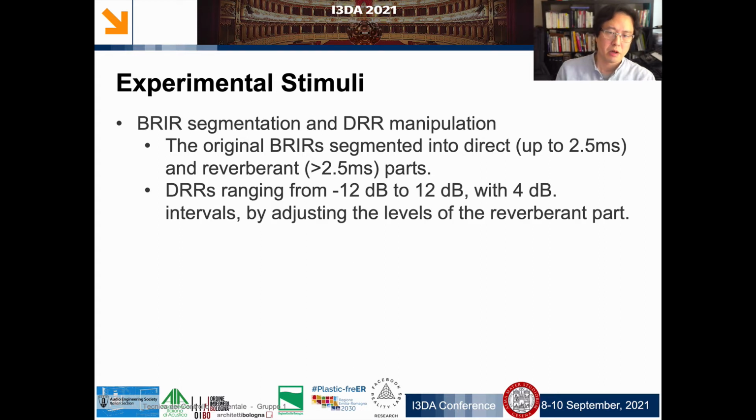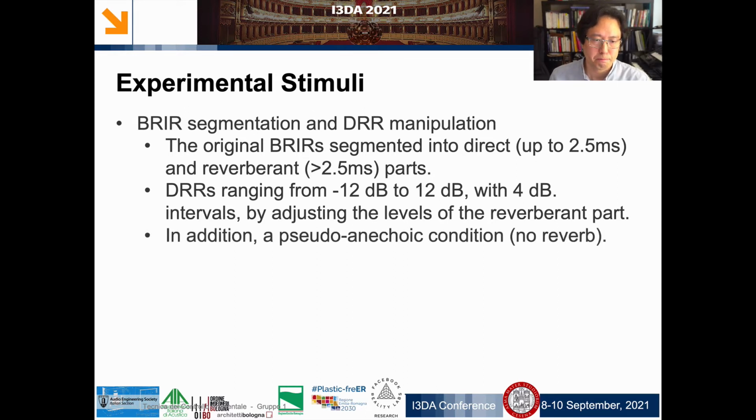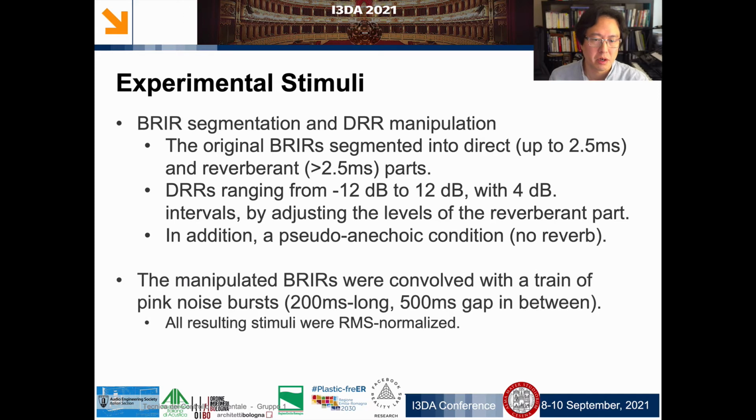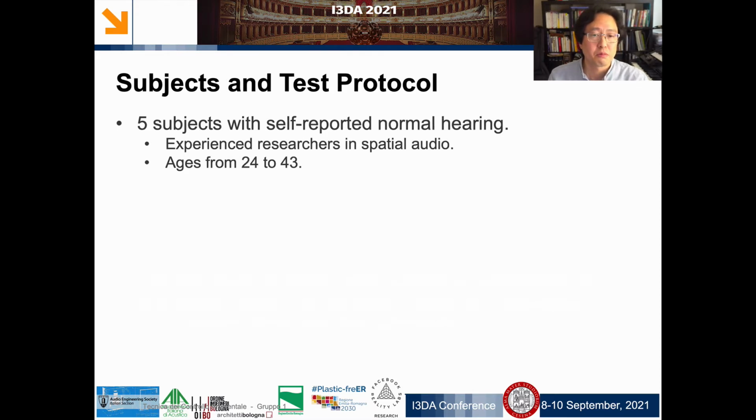DRRs ranged from minus 12 dB to 12 dB with 4 dB intervals by adjusting the level of the reverberation part. In addition, we also created a pseudo-anechoic condition, which had no reverberation. The manipulated BRIRs were convolved with a train of pink noise bursts, and all of the stimuli were RMS normalized.